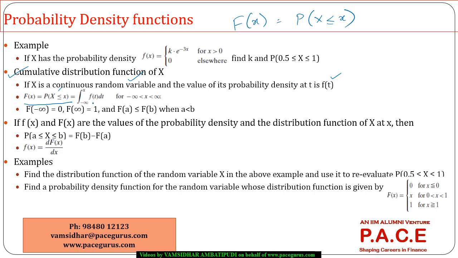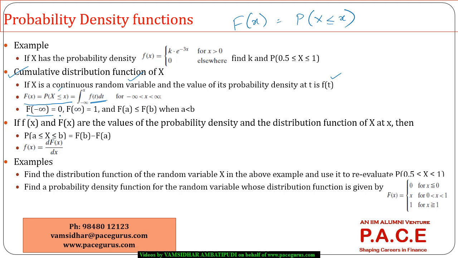I can very well integrate this f of t from minus infinity to x, just like the way we have summed all the probabilities less than or equal to x in case of discrete. Here also we are doing an integration of the density function across all the values from minus infinity to x to get the cumulative distribution function associated with the random variable.